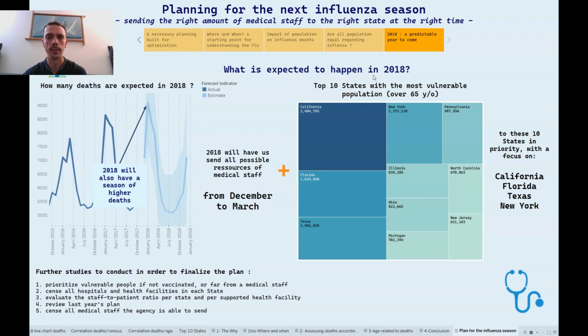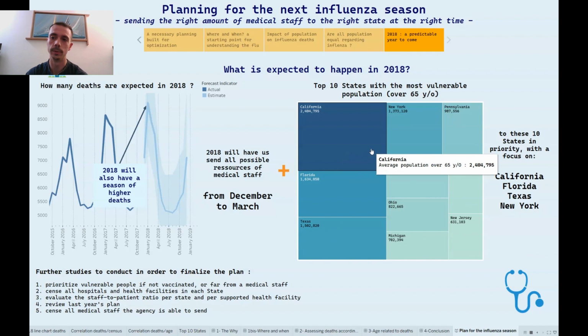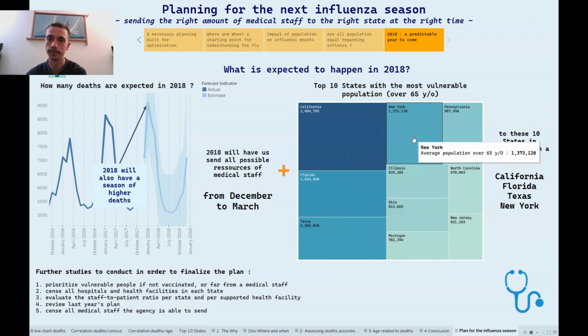And for the states, for the where to send them, I did the top 10 states where people will mostly die, namely California, Florida, Texas, New York, Pennsylvania, Illinois, Ohio, Michigan, North Carolina, and New Jersey. The main focus should really be on the four: California, Florida, Texas, and New York.